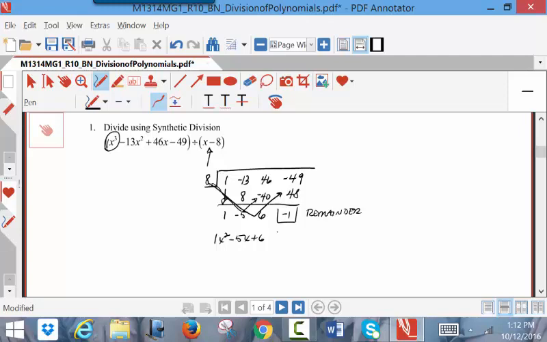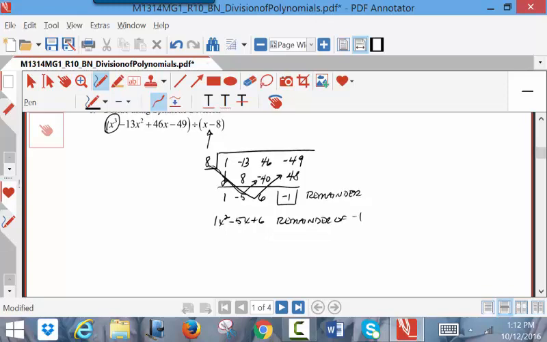That is your quotient, your answer, with a remainder of negative 1. So when you write it as a mixed number, it becomes x squared minus 5x plus 6 plus your remainder over your divisor. And your divisor was the given x minus 8.